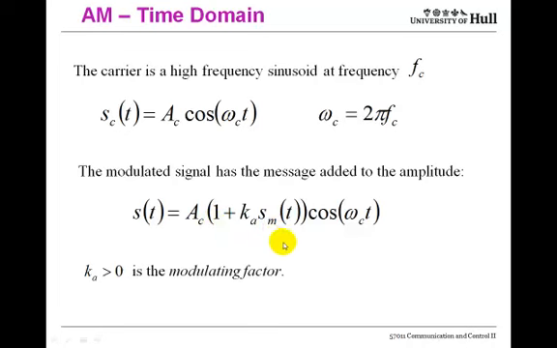You can see that we've taken our message signal, we've scaled it or multiplied it by this number, which is the modulating factor, and we've added it to 1. The reason for the complication inside this bracket is to avoid a problem known as crossover distortion, and the next slide will show you an illustration of that.